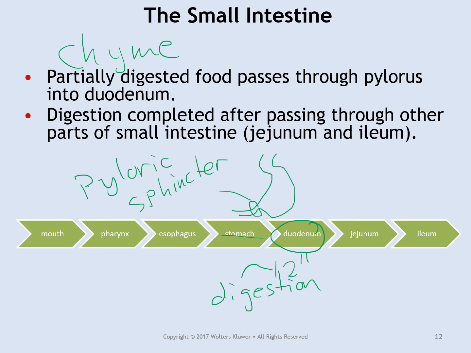The middle section of the small intestine is called the jejunum. That's this guy right here. The jejunum is about 6-7 feet long. It's the longest part of the intestines, very, very long. The jejunum serves mostly for absorption.